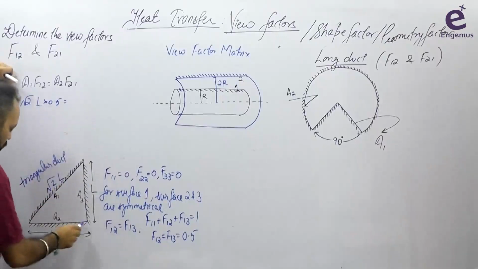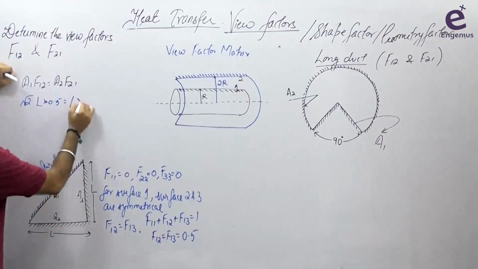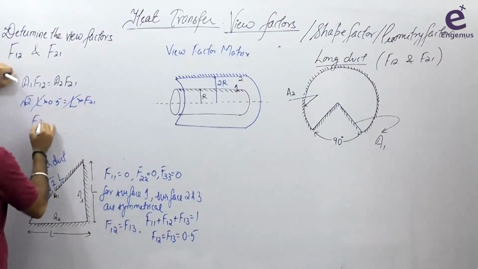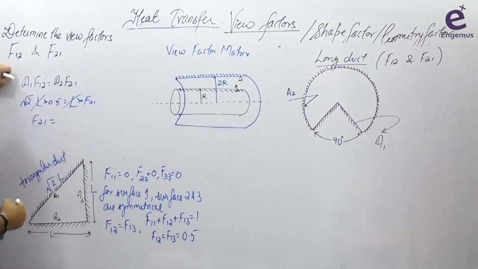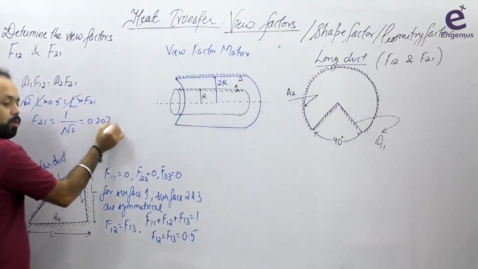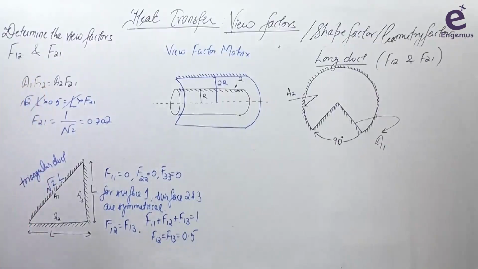What is A2? L into 1, right, multiplied by F21. So L cancels and F21 comes out to be 0.5 into √2. So √2 divided by 2, so 1 by √2. And how much is 1 by √2? You should remember this value. Why remember, what will you do, we have a calculator anyway. So 1 by √2 is 0.707.